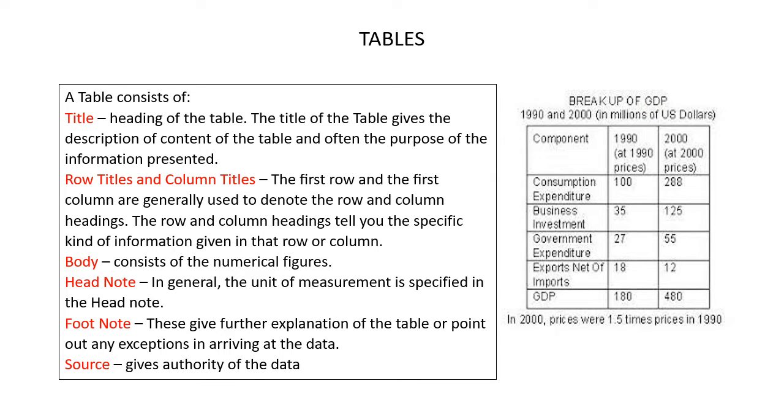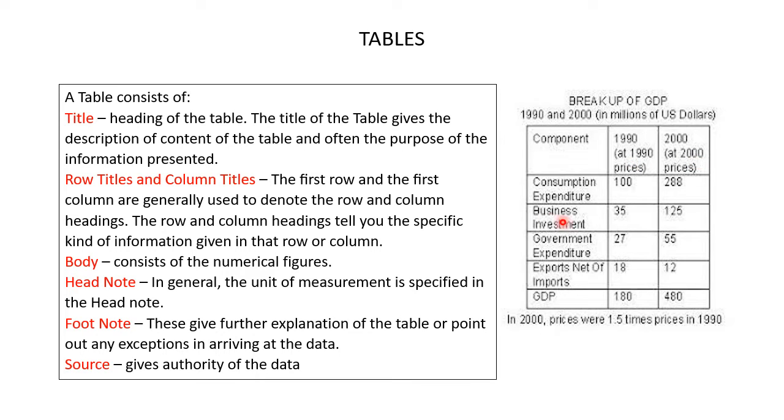Now a table consists of row titles which indicate the components of the breakup of the GDP. The table also consists of column titles. Here, these column titles indicate the breakup of GDP in particular years. Here it is 1990, here it is 2000.